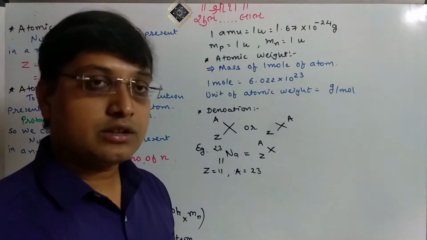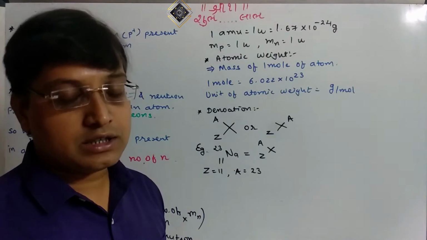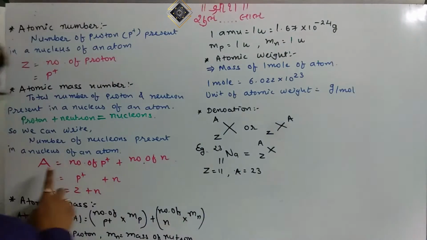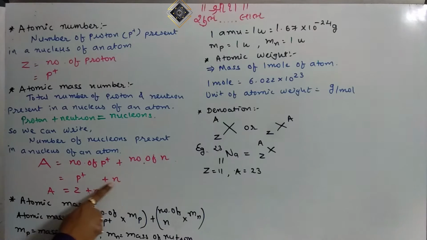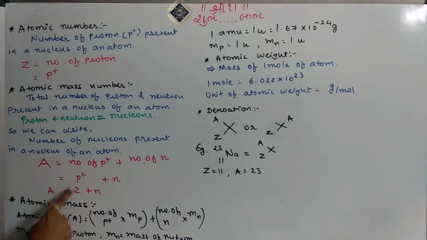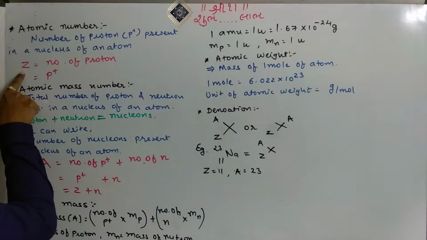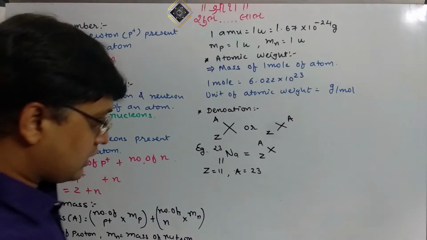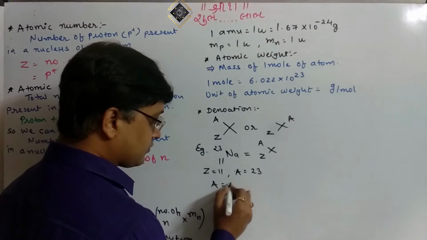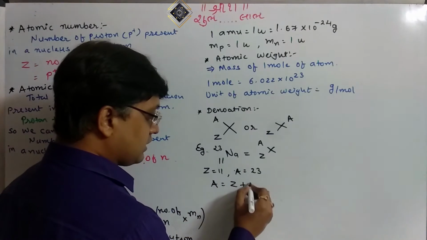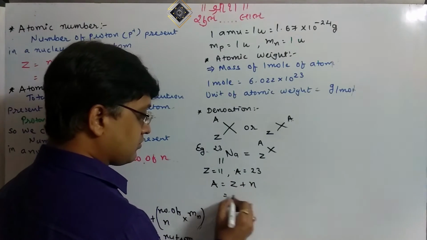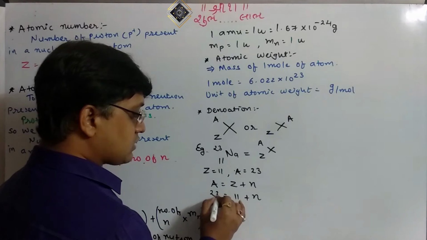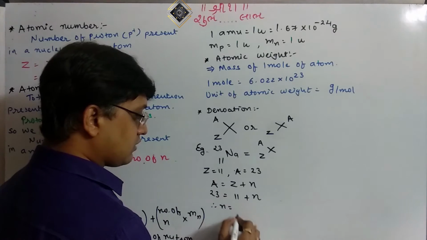Let's calculate the fundamental particles present in an atom. A is equal to proton plus neutron, and proton is nothing but the atomic number Z. So A is equal to Z plus N. Z that we have is 11, N that we want to calculate, A is 23, therefore N is equal to 12.